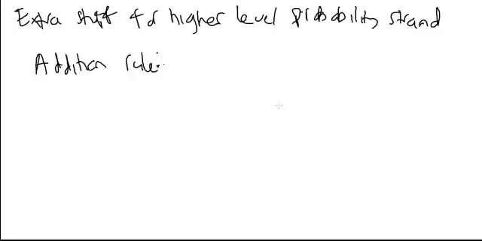I'm just going to do a little note here. We did the example of a class which had 32 people, and in this class 26 people liked both ice cream and chocolate. One person liked ice cream but not chocolate.